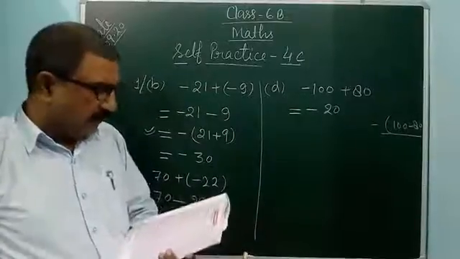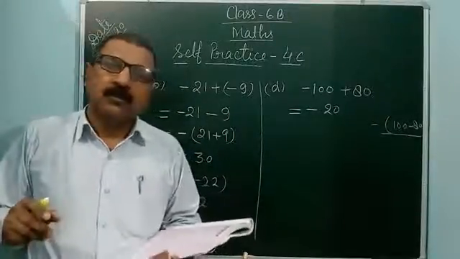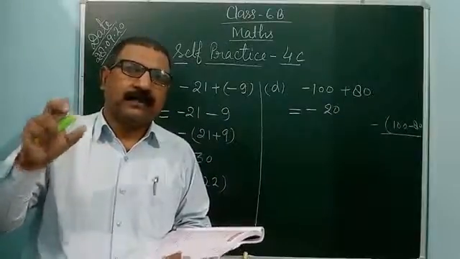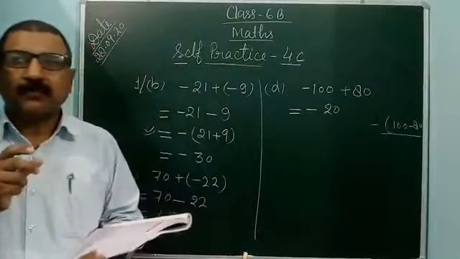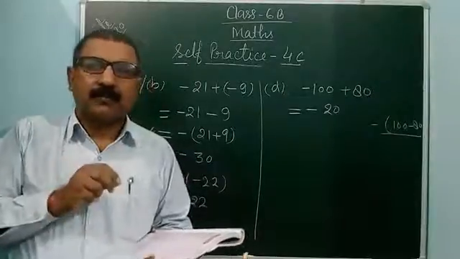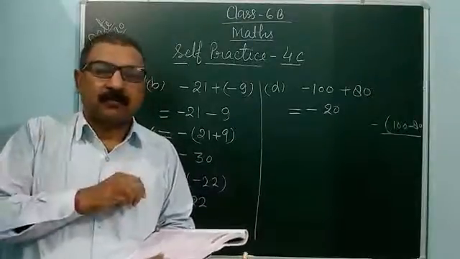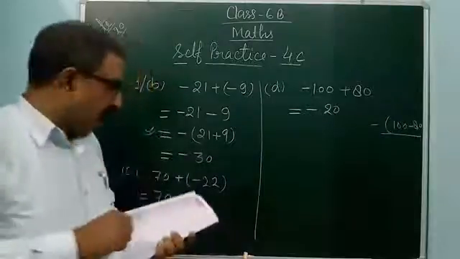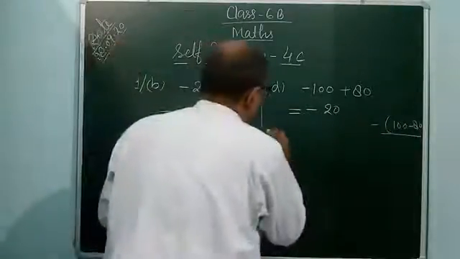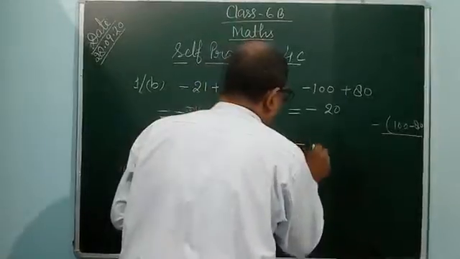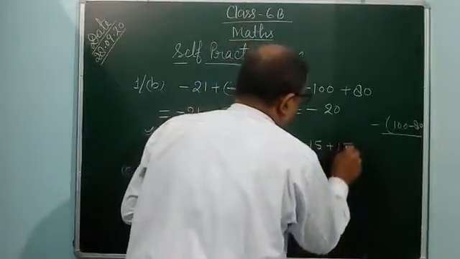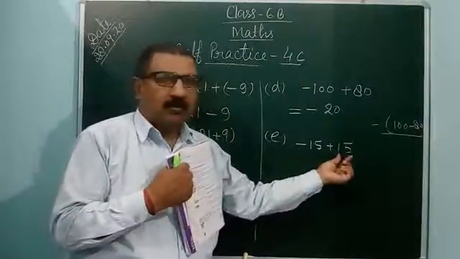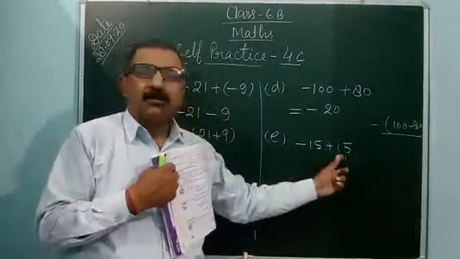After that, if the integers' digit values are equal but they are represented with opposite signs, then the value will be 0. You can see question number E. Minus 15 plus 15. You can see 15 is the same, but one is minus, one is plus.